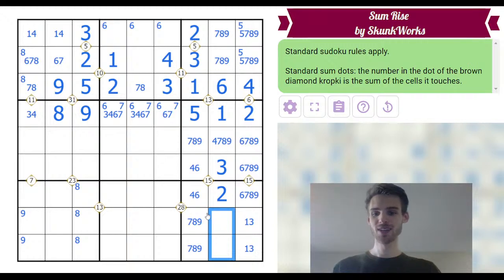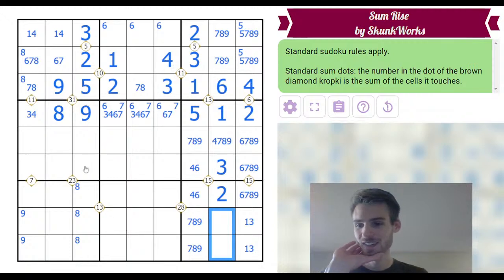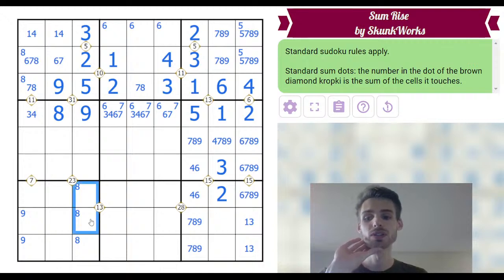I don't know if we want to pencil mark that. You cannot have 8 on the 13. Oh, that's a good point. If I tried to put an 8 here, I would need to make the other 3 cells add up to 5, which would need to be either double 2, 1, which is never going to work, or double 1, 3.